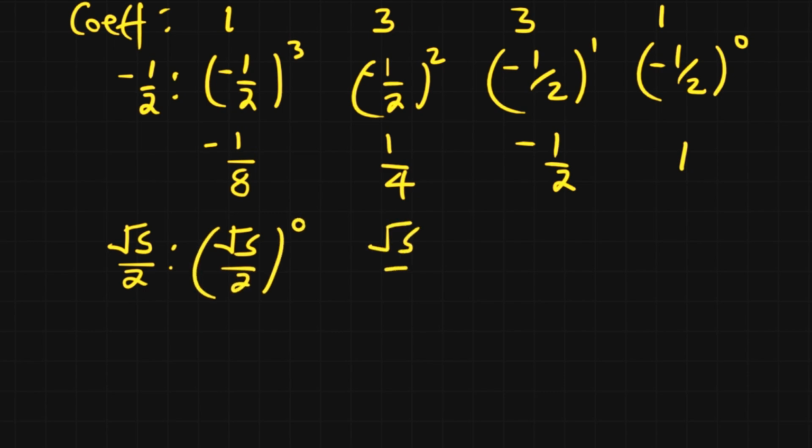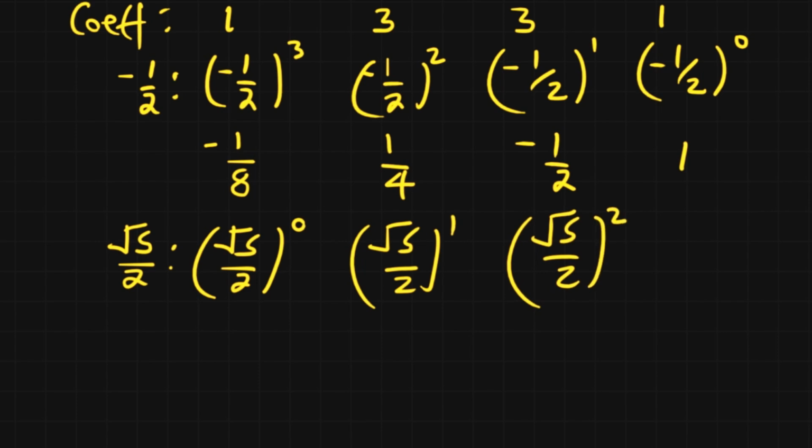Then root 5 over 2 power 1. Then root 5 over 2 power 2. Then finally root 5 over 2 power 3. So we can simplify this. This is power 0, so that is 1. Then here we have just root 5 over 2.